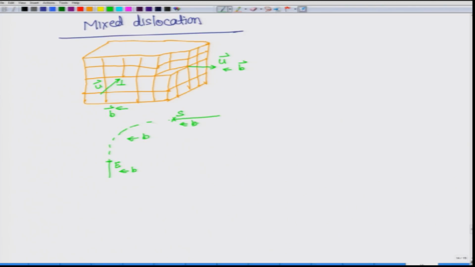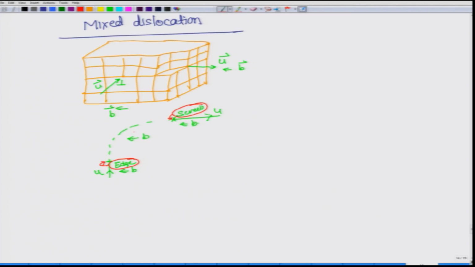However, the line direction, as you can realize, is not the same. The line direction was like this, now the line direction over here is like this. And we know that only when u and b are parallel or anti-parallel is it screw. Only when u and b are perpendicular is it edge, which means that at this point only it is edge, at this point only it is screw, and at the rest of the points, what is it?